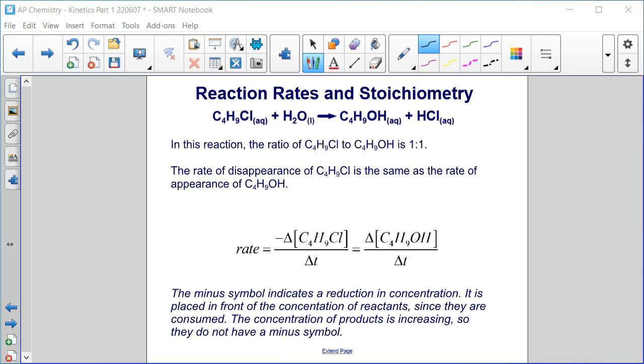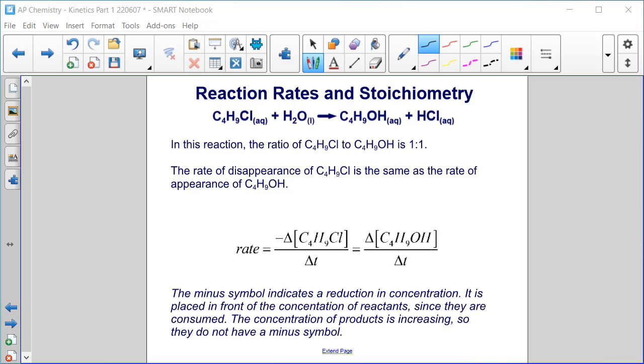Before we move on to any calculations or quantitative analysis, we need to talk a little bit about reaction rates and how reaction stoichiometry affects them. So we've been looking at this reaction of C4H9Cl aqueous with liquid water produces C4H9OH and HCl.